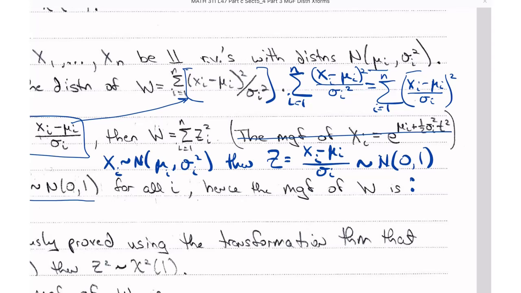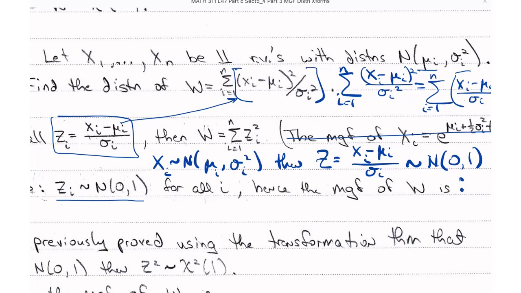So the z transformation, if you have a normal distribution and you make this z transformation, the resulting distribution is a standard normal. And that's what we do to solve problems using the z-table: we subtract the mean and we divide by the standard deviation.